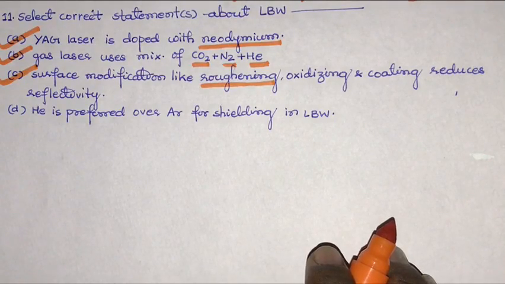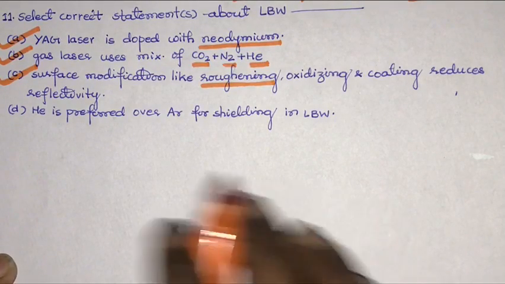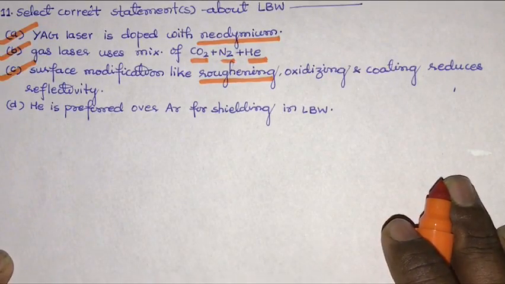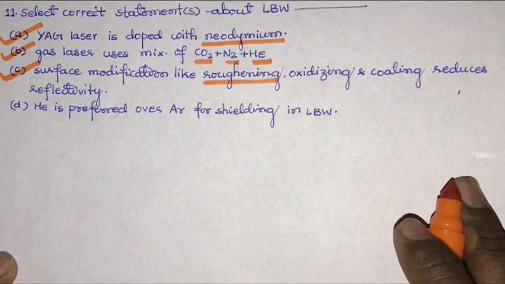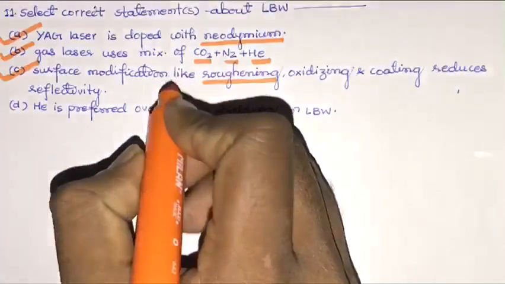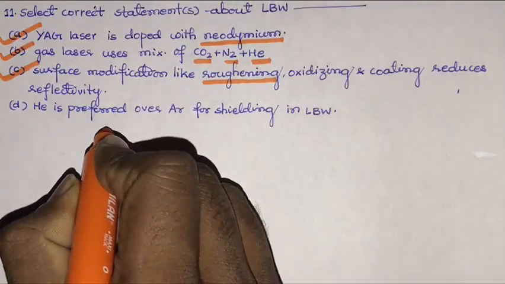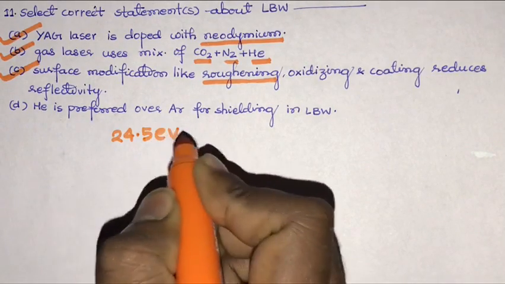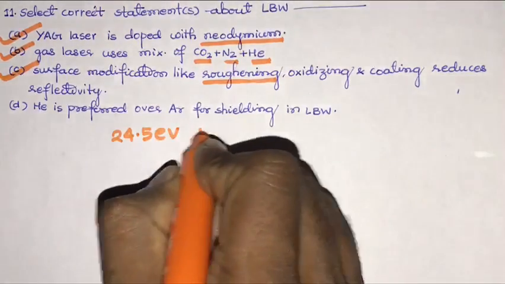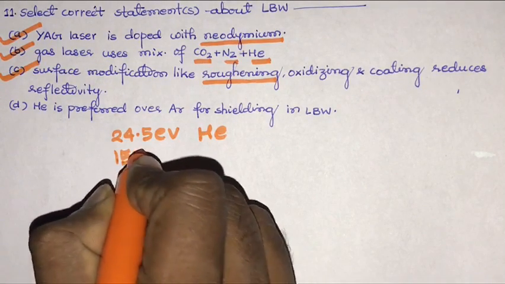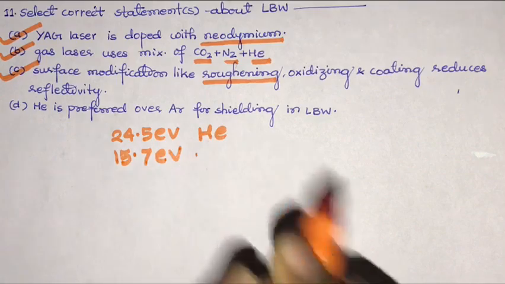Now coming to the next, helium is preferred over argon for shielding in laser beam welding. As we know, helium has greater ionization energy, that is 24.5 electron volt, and argon has lower, that is 15.7 electron volt.